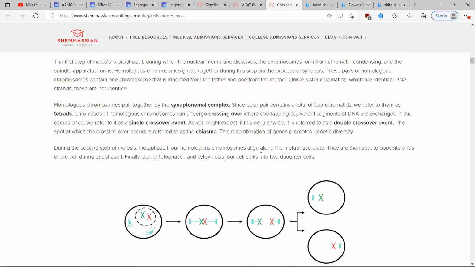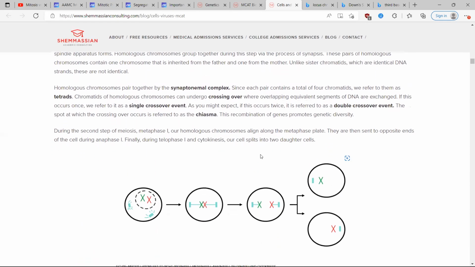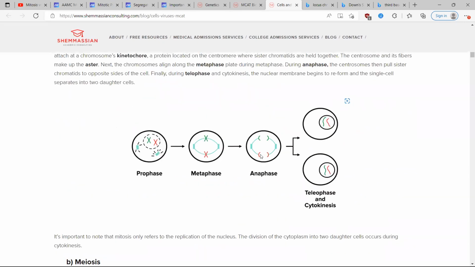This is just for us to get to the point that we need to talk about with meiosis. Okay, so meiosis is different. In mitosis, we start with a 2n and we end with a 2n. So what do I mean by that? This is a 2n because we have 2 times 23 chromosomes, essentially.